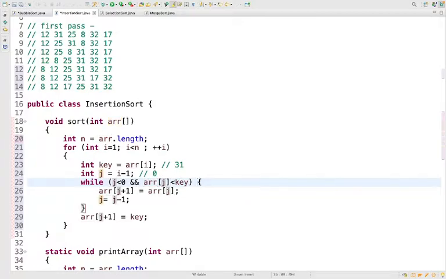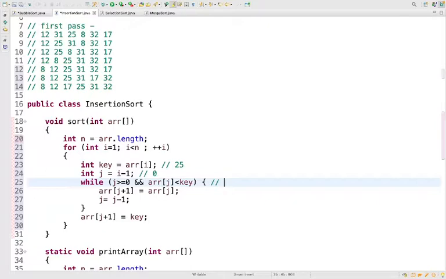Since this is not satisfied, this condition will become false and it will move on, that is i plus plus. Now the key would be 25. I did one mistake here, I'm reducing, right? Okay, yeah.